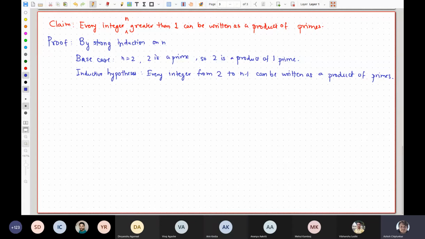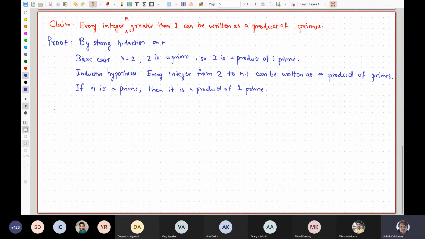Okay, good. So this is the induction hypothesis, and then how do you prove the claim? So proof by cases. This is something we did last time. So proof by cases. If n is a prime, then it is a product of 1 prime.